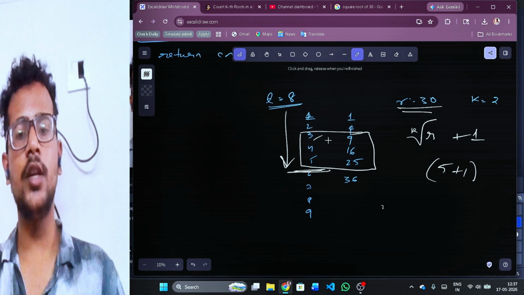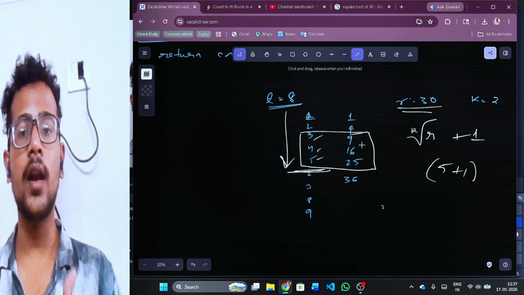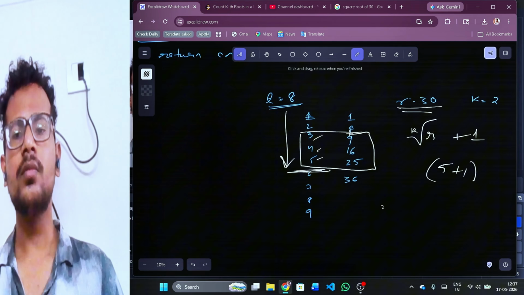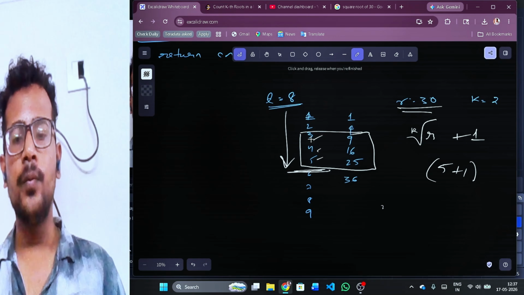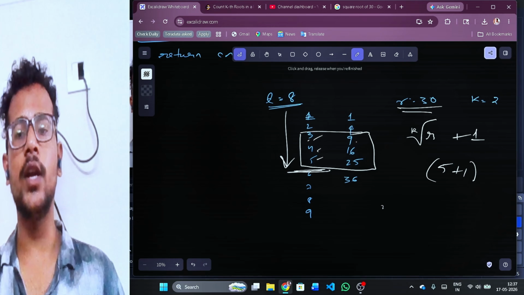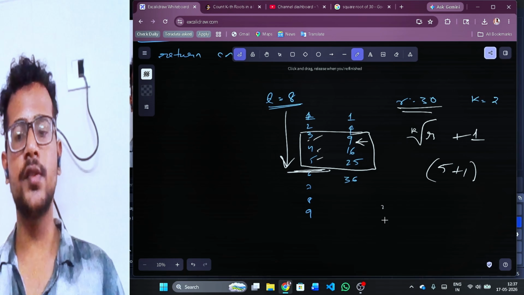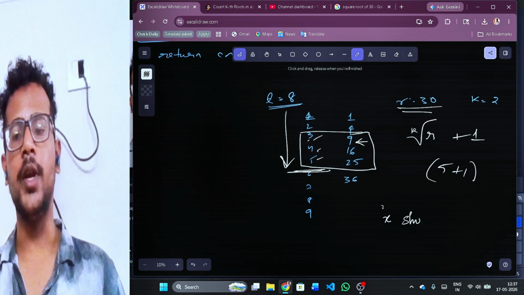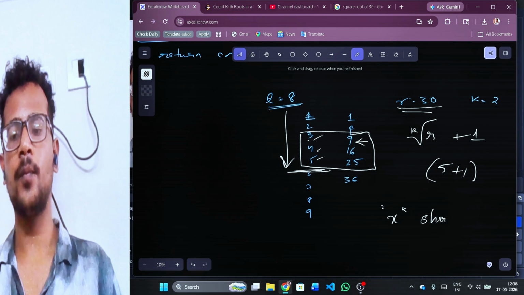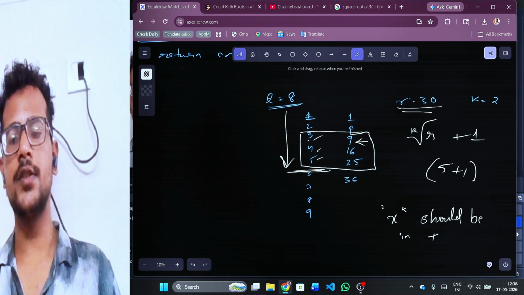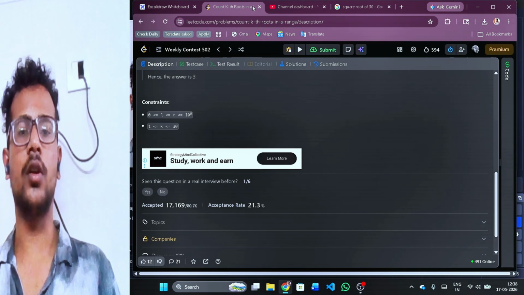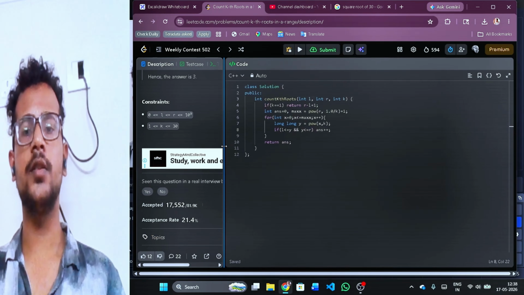And 3, 4, 5 are the integers that are being counted, right? So now the value 3 square, or 3 power 2, should be included in the range. So x power k should be in the range L comma R. So our algorithm or the code will be something like this, right?